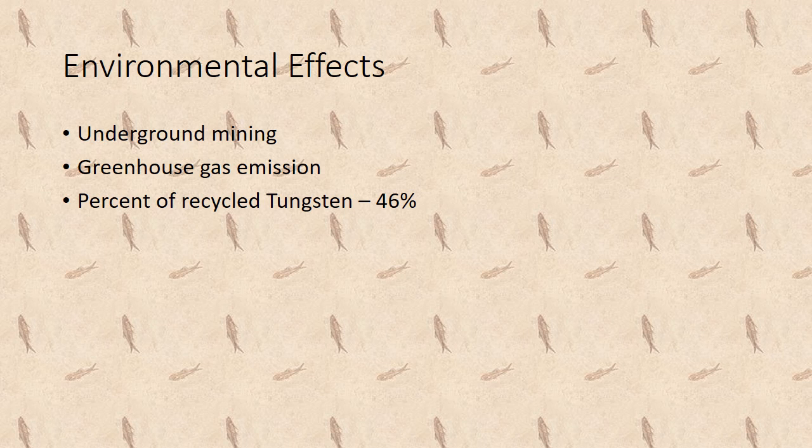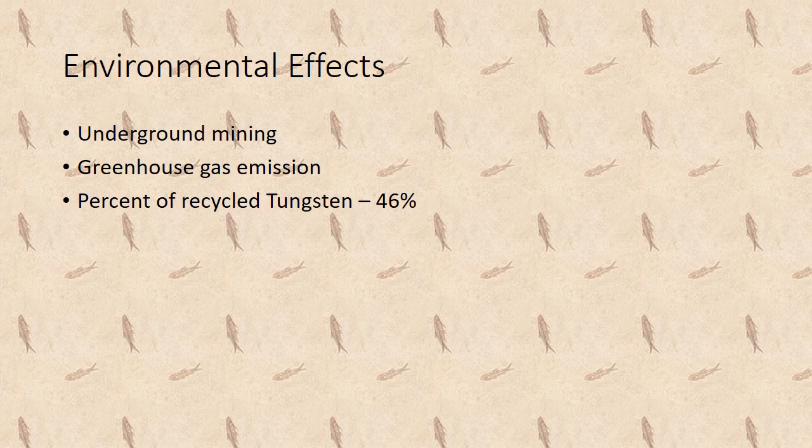There is quite significant greenhouse gas emission during the mining process. It involves large equipment to be able to mine and go underground and continue to mine, and this large equipment emits a lot of greenhouse gases into the atmosphere.